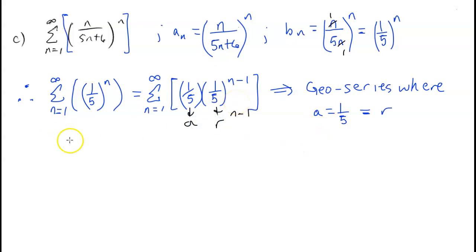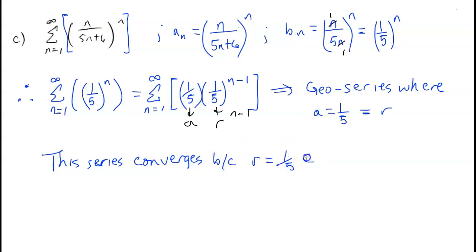So because of this, we know that this particular series is going to converge. We'll say this series converges because we know that r, which is 1/5, is within the interval of -1 to 1.